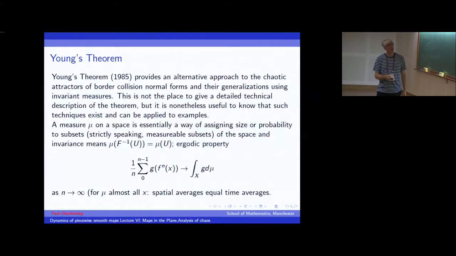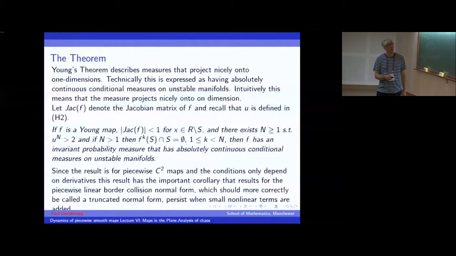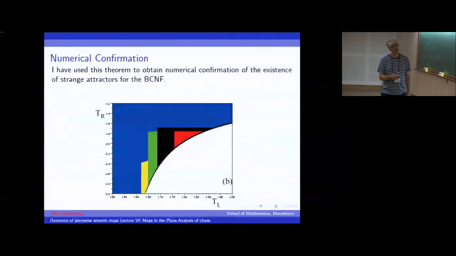So Young proved the existence of chaotic maps under certain hypotheses.